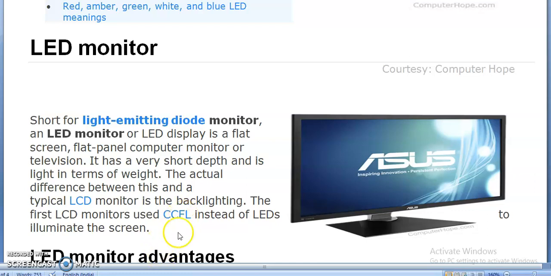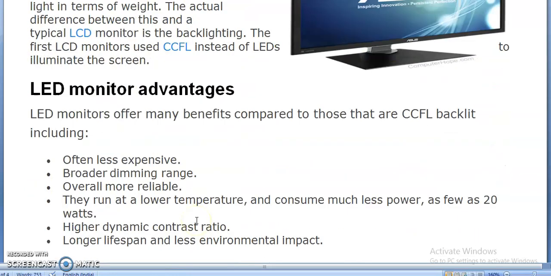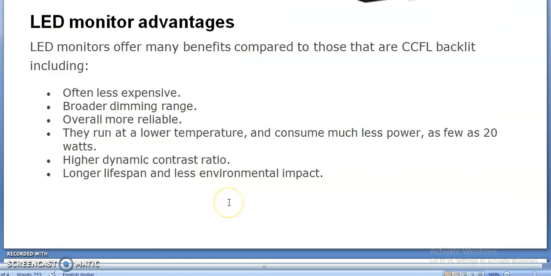The advantages of LED monitors are that they are often less expensive, have a broader dimming range, and are overall more reliable. They run at a lower temperature and consume much less power, as few as 20 watts. So within 20 watts LED monitors can work, and they also have a higher dynamic contrast ratio, longer lifespan and less environmental impact.